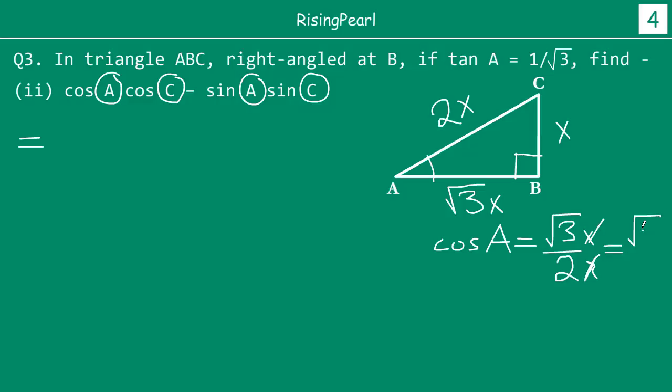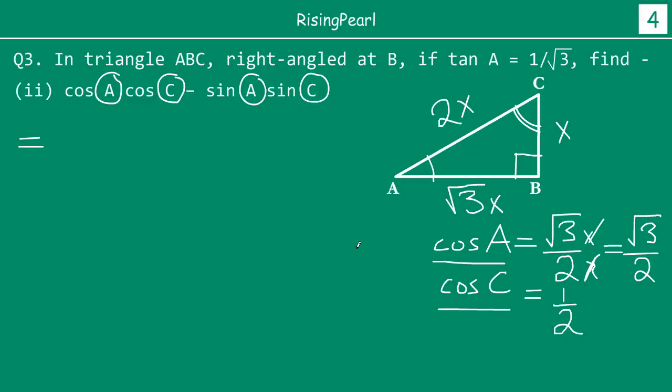So this will be square root 3 by 2. So we have found cos A. What about cos C? This angle is C. So cos C will be adjacent side x divided by hypotenuse, it will be x by 2x or 1 by 2. So this is 1 by 2.